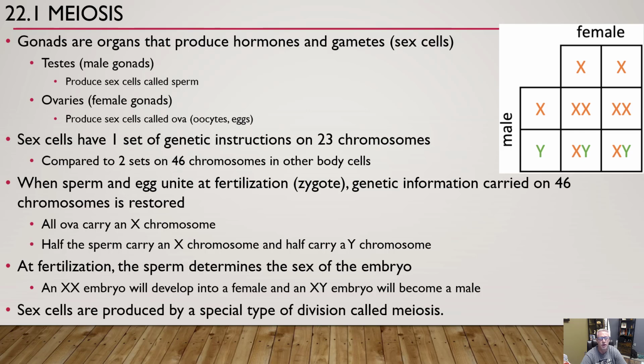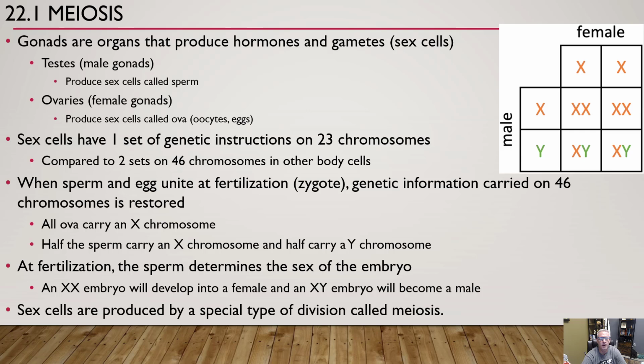And in females, ovaries are the gonads, and they produce egg cells or ova. Ova is plural. Ovum, O-V-U-M, is singular. And we also call them oocytes. You actually pronounce both of the O's, oocytes, or oocyte would be singular.